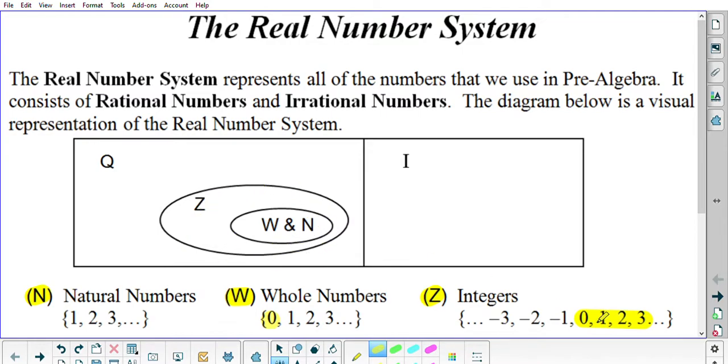You can see that here. 0, 1, 2, 3, 4, 5, 6, and so on. Those are the whole numbers. They are part of the integers. But the integers also include the negative counterparts of whole numbers. Negative 1, negative 2, negative 3, negative 4, negative 5, and so on and so on. So that's what the integers are.